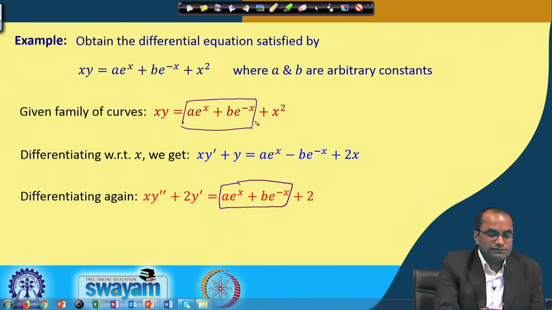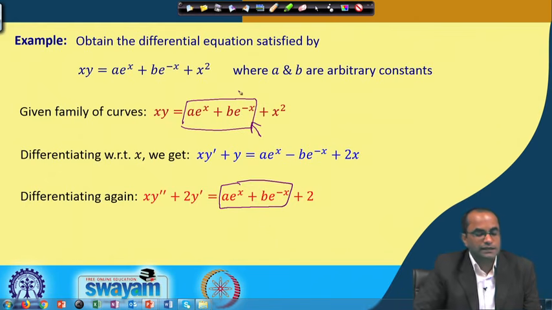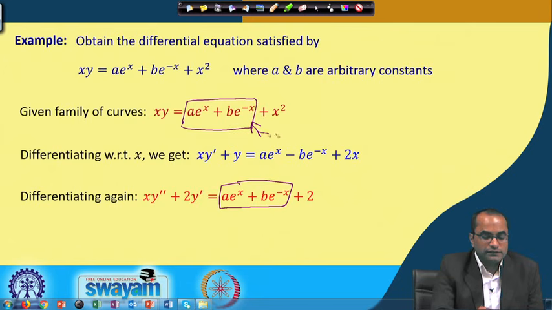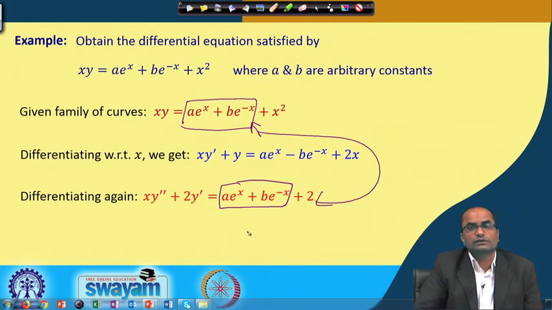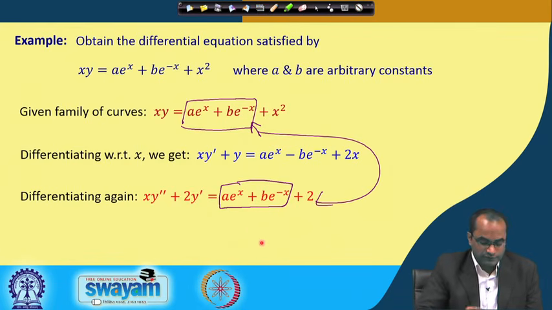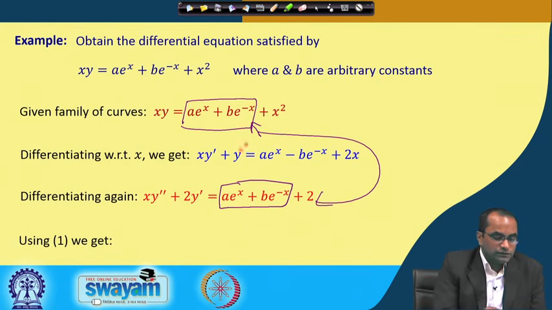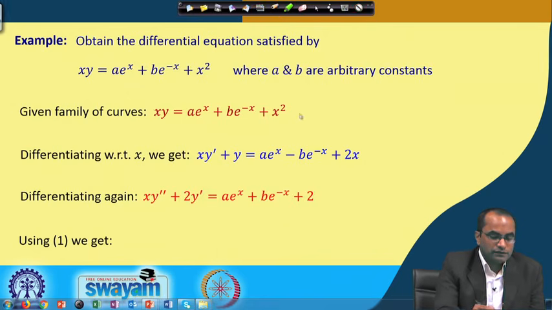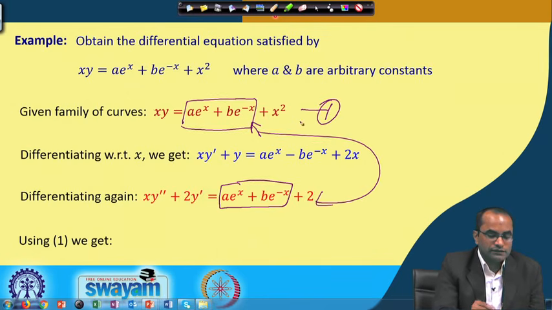So, if we substitute, for example, from here, this a e power x plus b e power minus x and put it here in this equation, then these constant terms will be removed, and we will get an equation which contains the derivative terms, dependent variables and independent variables. Using this equation, which we call equation number 1.